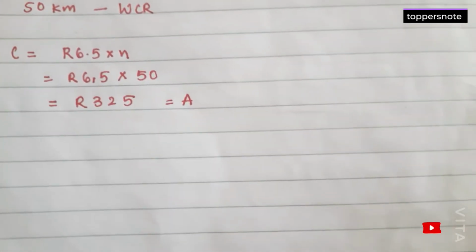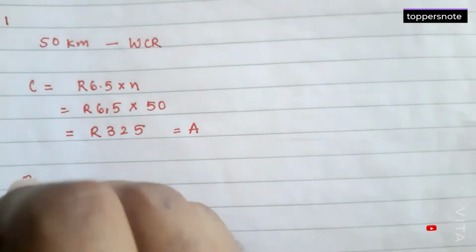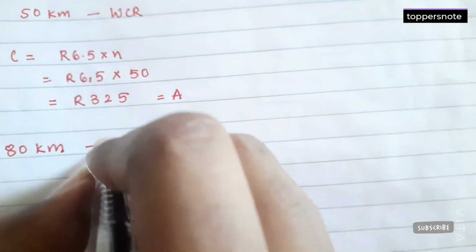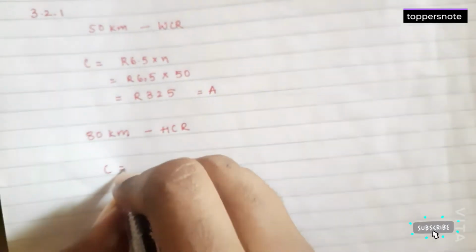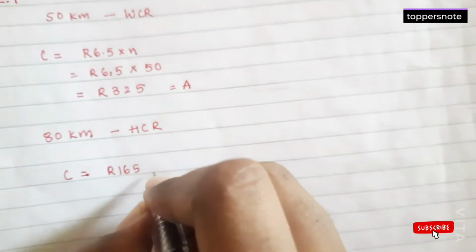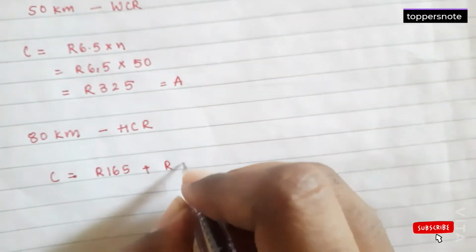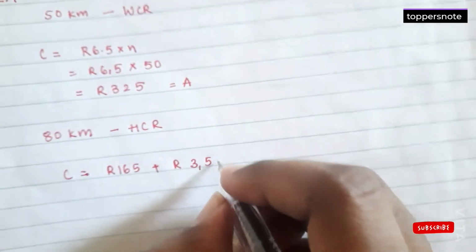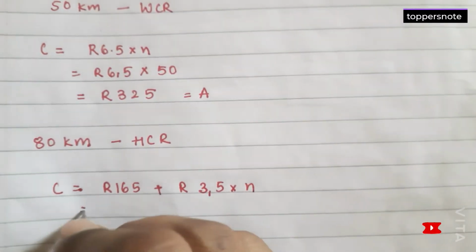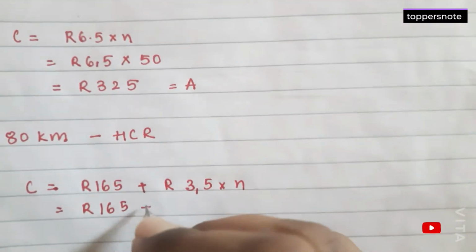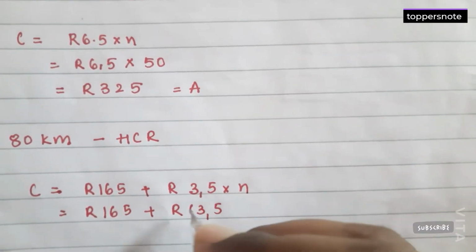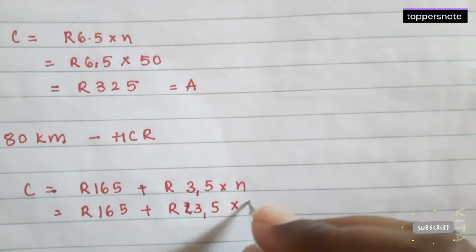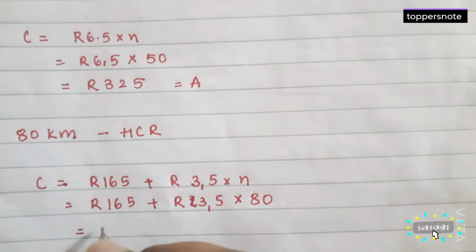Now to find the B, it's the cost for 80 kilometers of HCR. So the formula is C equals R165 plus R3.5 into N, where N is equal to kilometers.